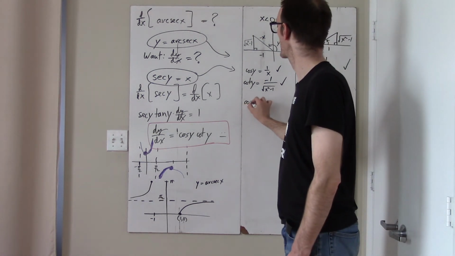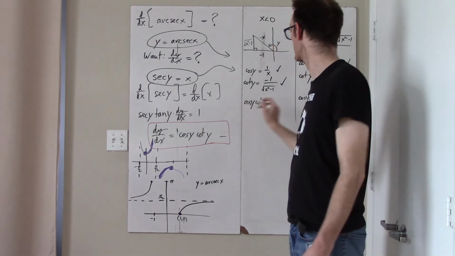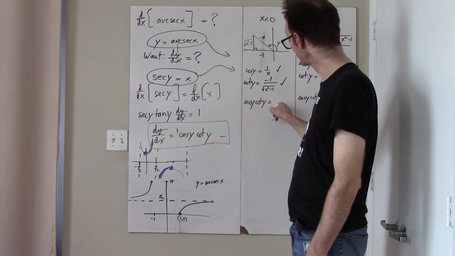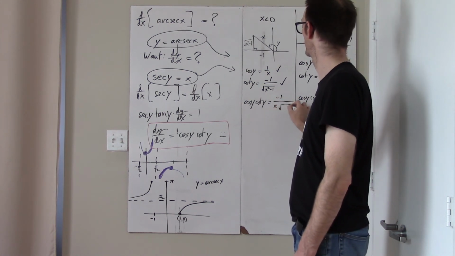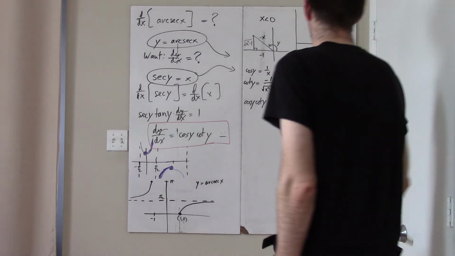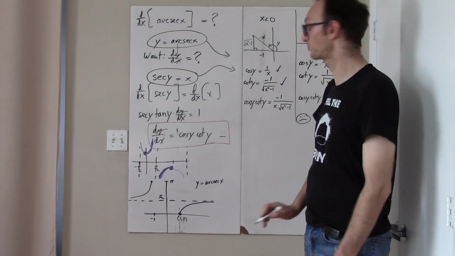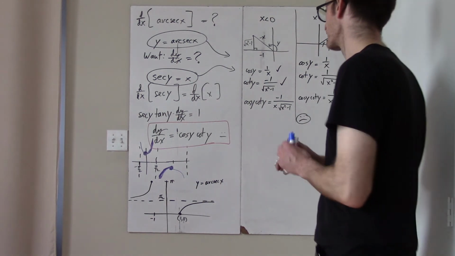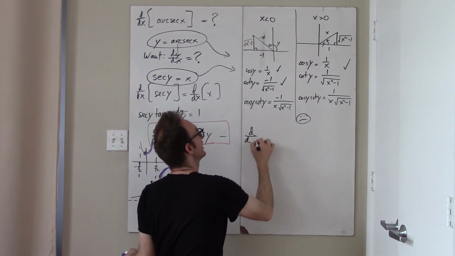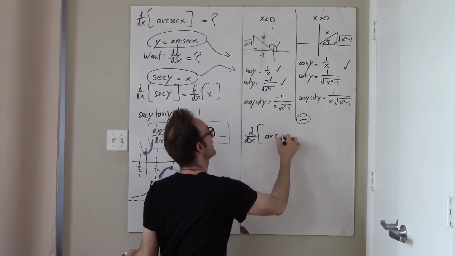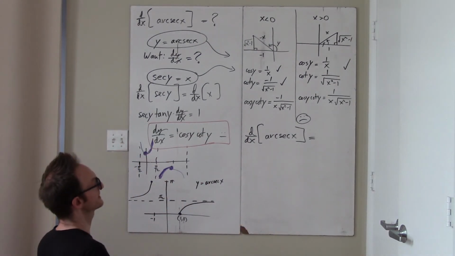Okay, and so the cosine of y times the cotan of y, which was the answer to our calculus problem, is in this case negative 1 over x root x squared minus 1. And this is kind of now like a drag, because this is right, but what it means is that when you have to just report what the derivative of arcsecant is, you have to say that the answer is, it depends.